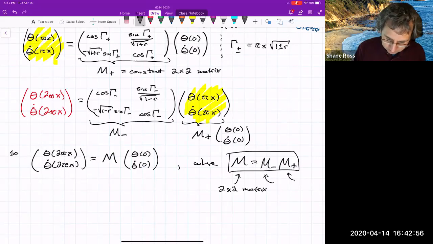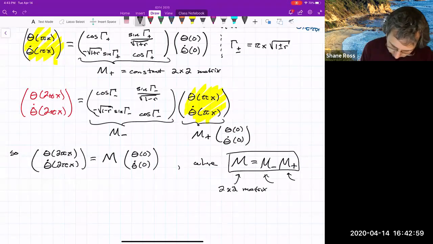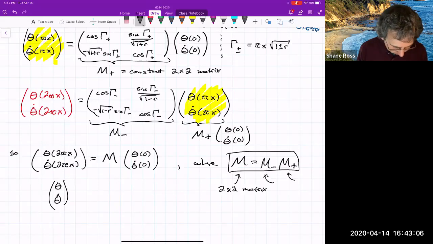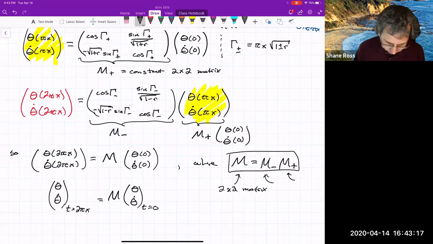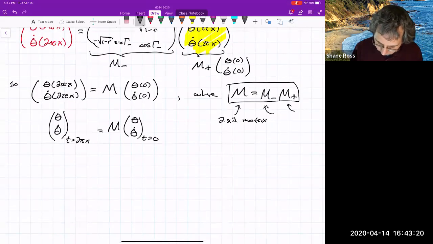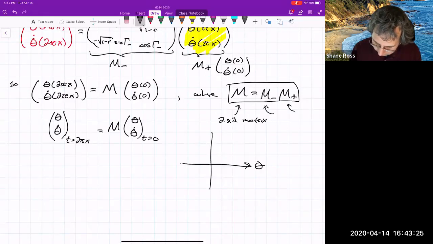This might be easier if we write it this way. I'll write it as theta, theta dot at time t equals 2 pi x equals M times theta, theta dot at the initial time. So we've got theta, theta dot, it's kind of our phase plane.